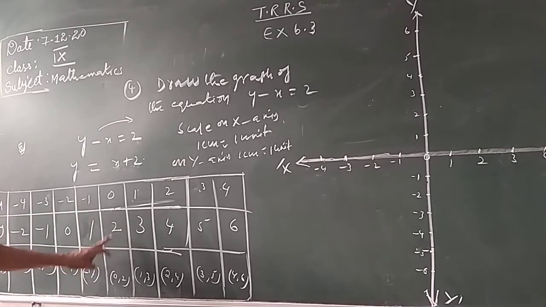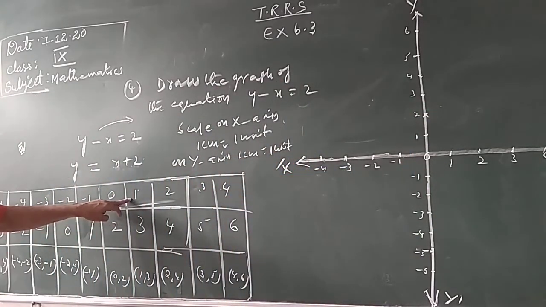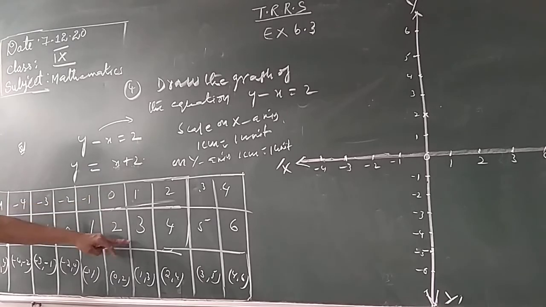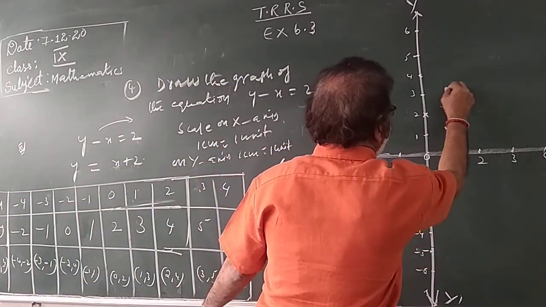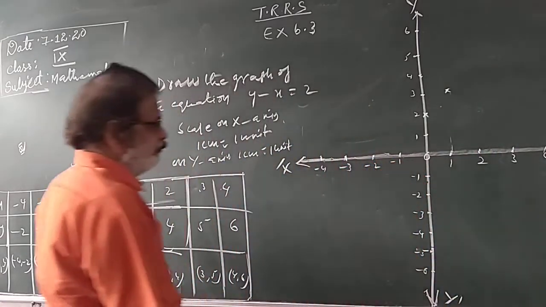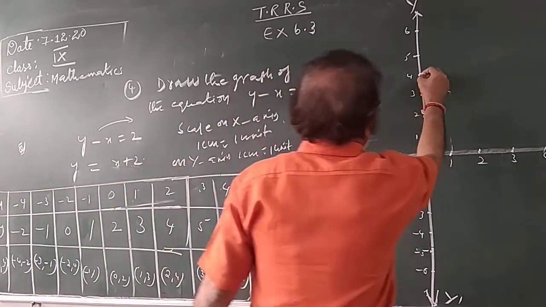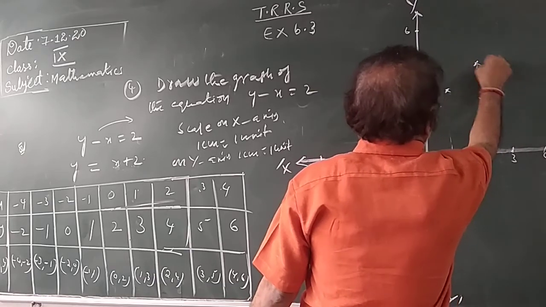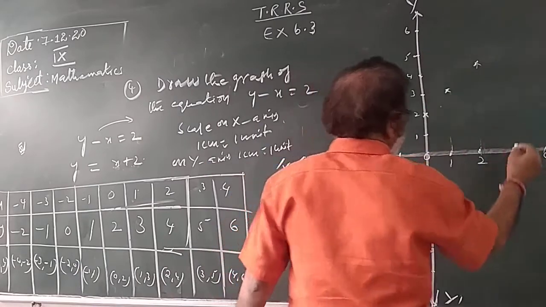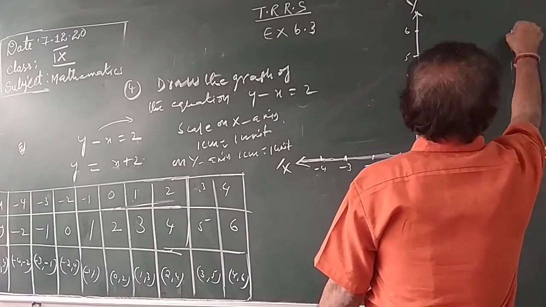X is equal to 0, corresponding y is 2, you mark it like this. When x is equal to 1, the corresponding value of y is 3. X is equal to 2, y 4. X is equal to 3, y 5.